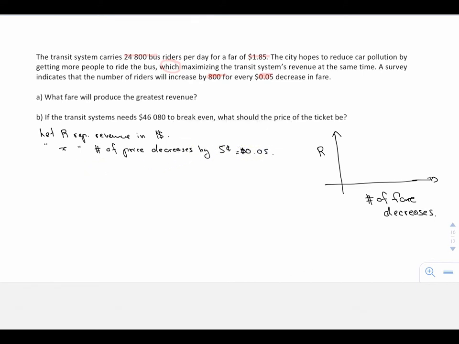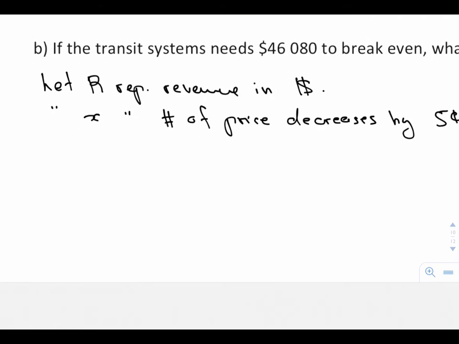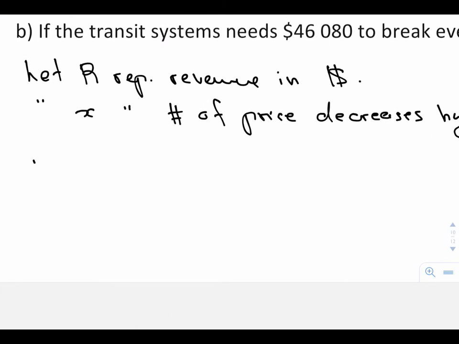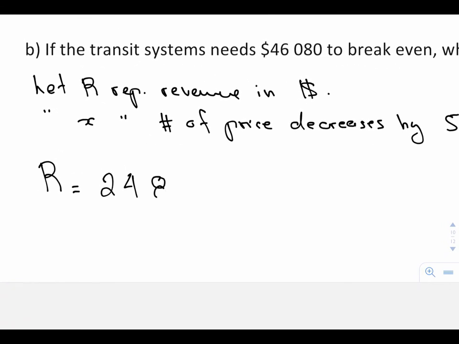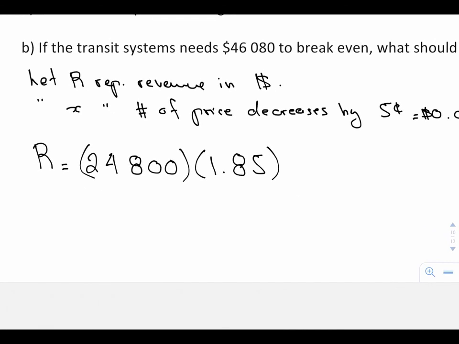Now it's time to come up with an equation. Currently the revenue is given by R equals 24,800 riders times the current fare of $1.85.